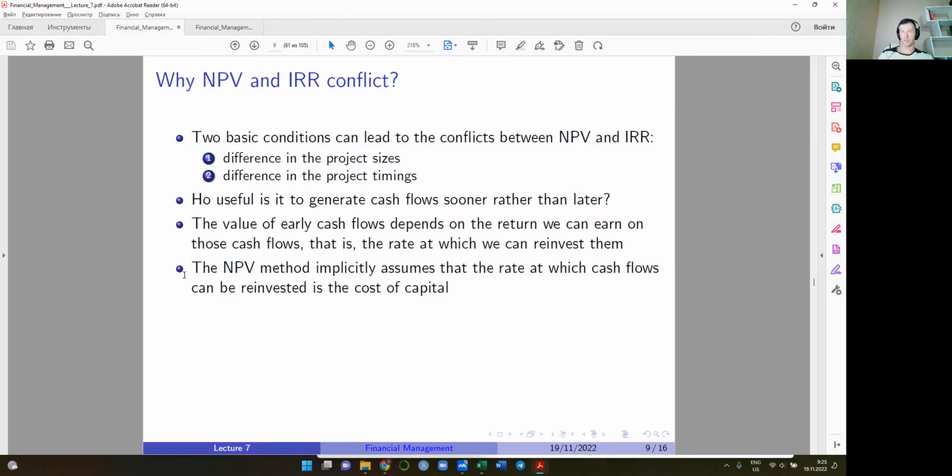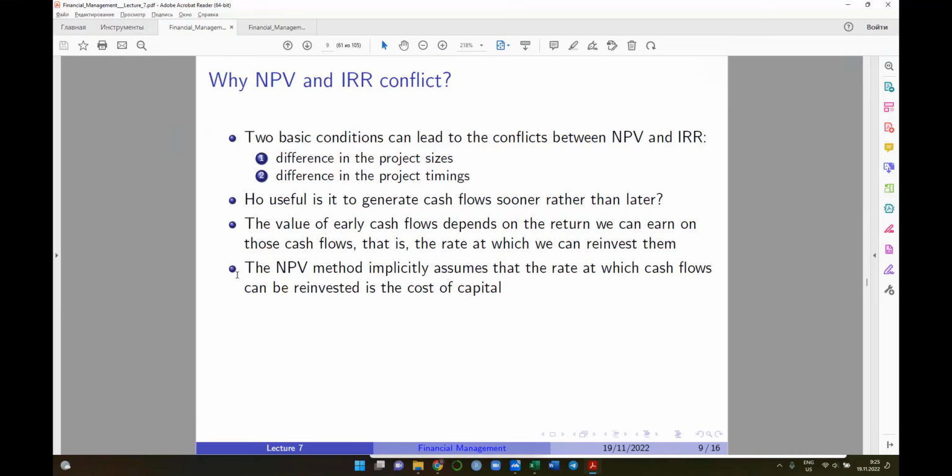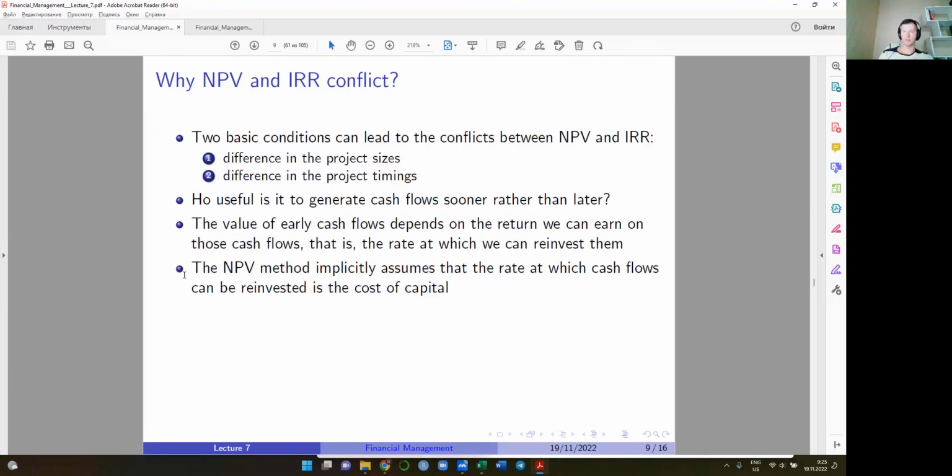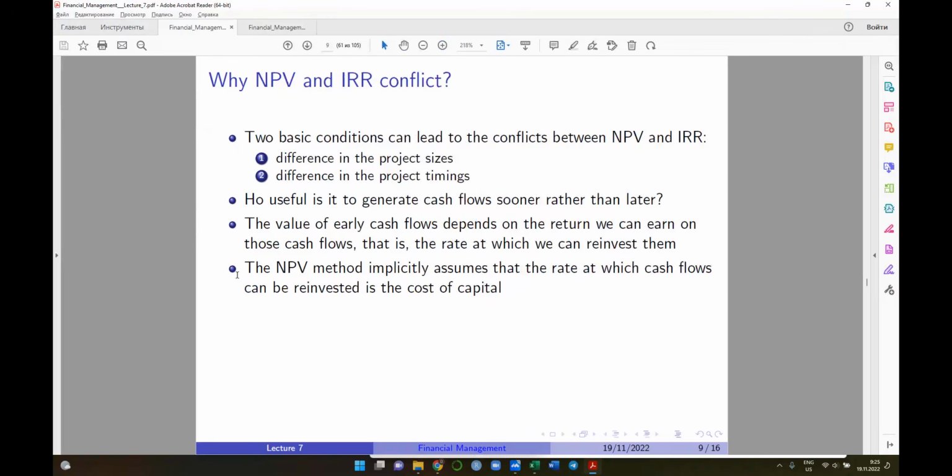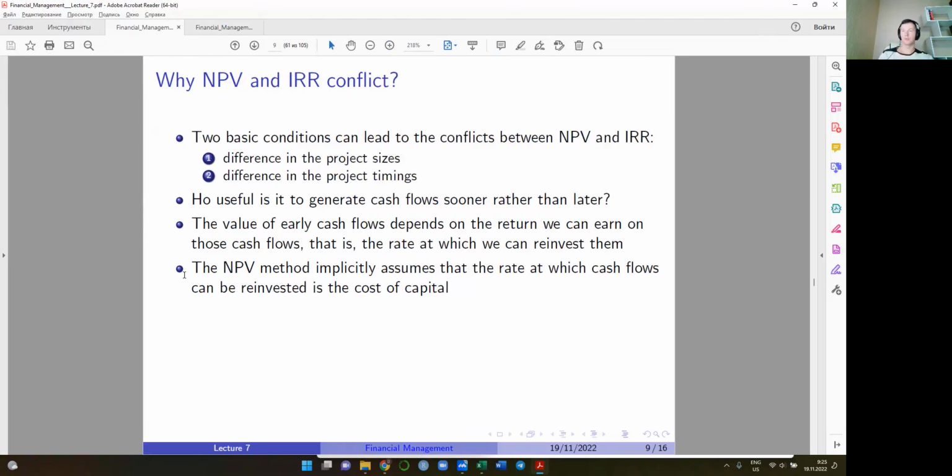It's going to be the cost of capital, which is reasonable. We'll talk about cost of capital later in one of the lectures. For now, you can think about the cost of capital as the alternative return that the company can receive.